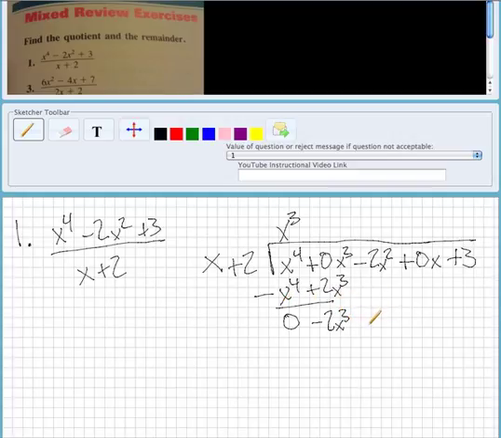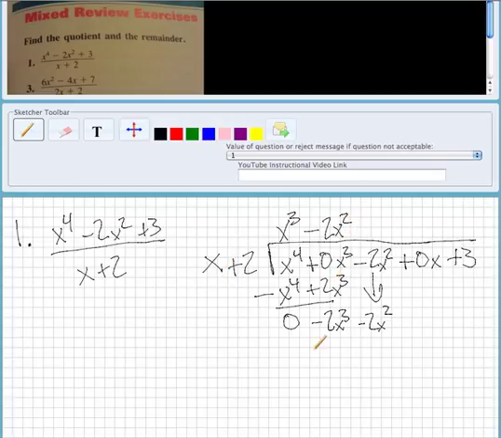So that's what we get. I'm going to bring down this right here. So we get negative 2x squared. So now we're going to look at this number right here. What times x equals negative 2x to the third? It's going to be negative 2x squared.